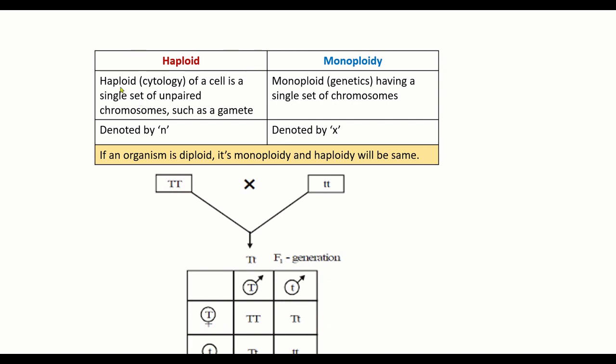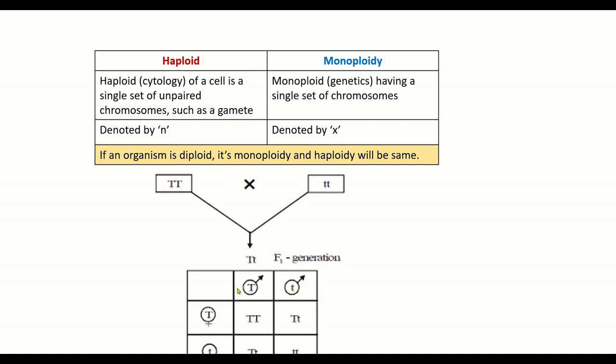So what does it represent here? Haploid is the genetic composition of one of the gametes, only this one and not the small t.